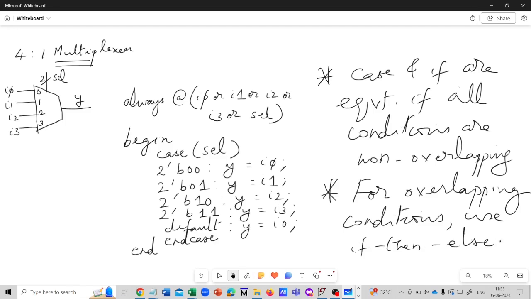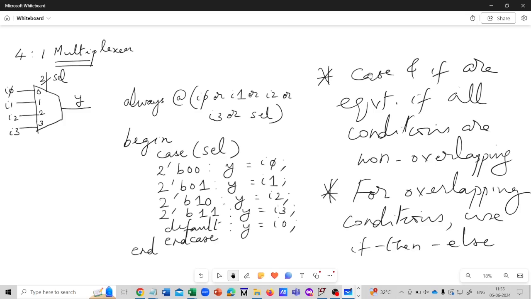In fact, for these two cases, the hardware that is synthesized will also differ, because if the conditions are non-overlapping, we will have concurrent hardware. That means all the blocks will be at the same level. Whereas if overlapping conditions are present where priority is specified, then you will have a multi-level synthesis.